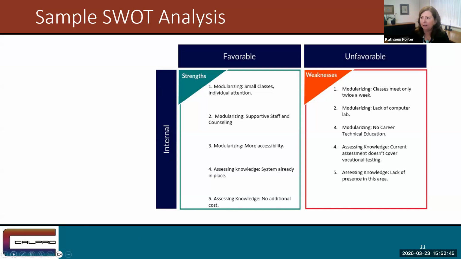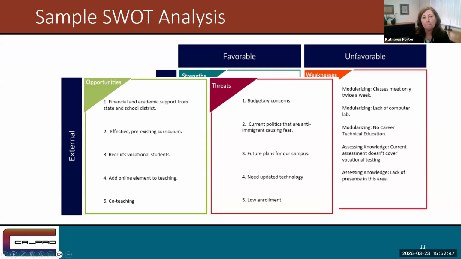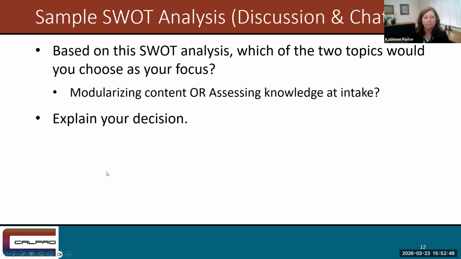Did anybody else think about something different? Scott, you say assessing knowledge since the school is too small to modularize, but the students may have prior experience that will allow them to skip the fundamentals. Yeah, I kind of like that too.